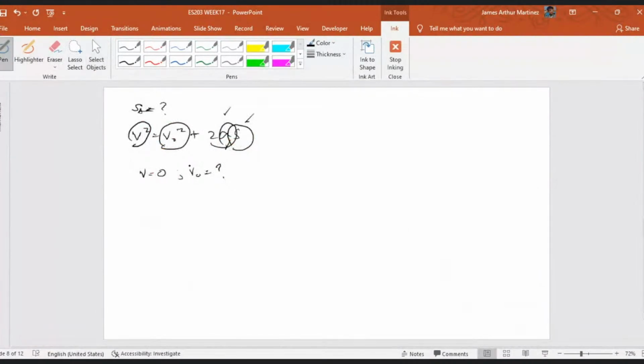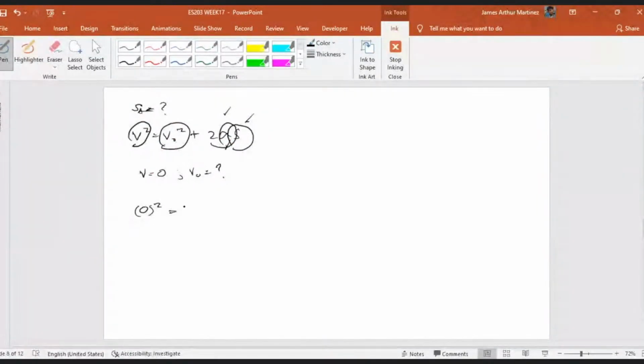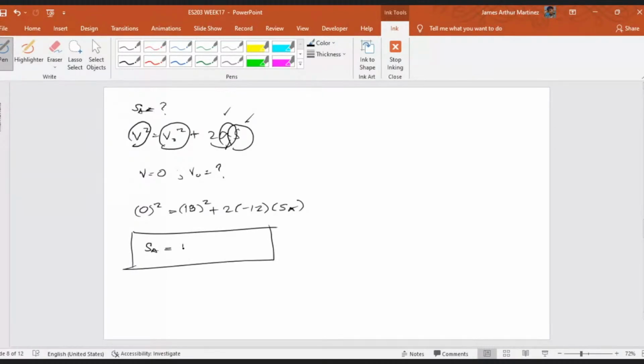We will use that in our equation: V squared is equal to initial velocity squared plus 2 times the acceleration of A, which we obtained as negative 12, times SA. By this, we get the linear displacement of A, and it is just equal to 13.5 feet.